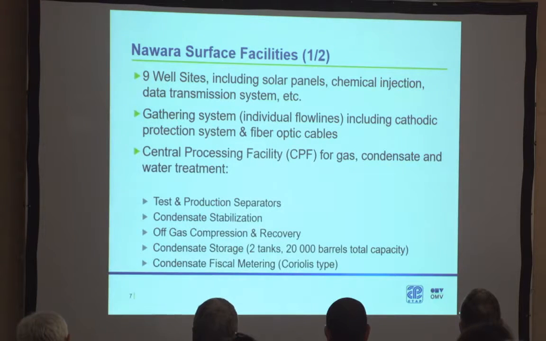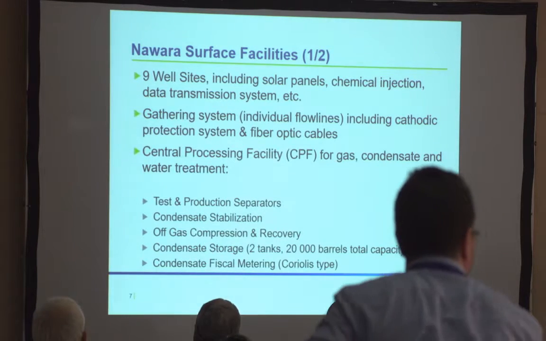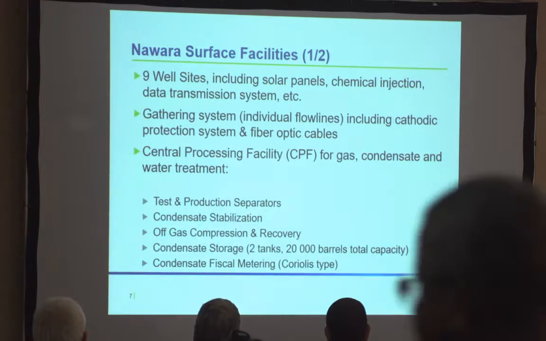The central processing facility is, as I said, for the treatment of the gas, the condensate, and the produced water. So we have test and production separators. We have condensate stabilization unit to remove the gas from the condensate.